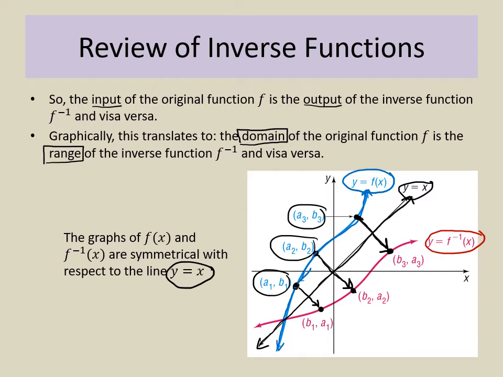You're going to do that for every point until you reach this graph right there. That's what the inverse function of f is going to look like. In essence, this line right here is a mirror. So this is what the symmetry of any function and its inverse function looks like graphically. It's a mirror reflection about the line y equals x.